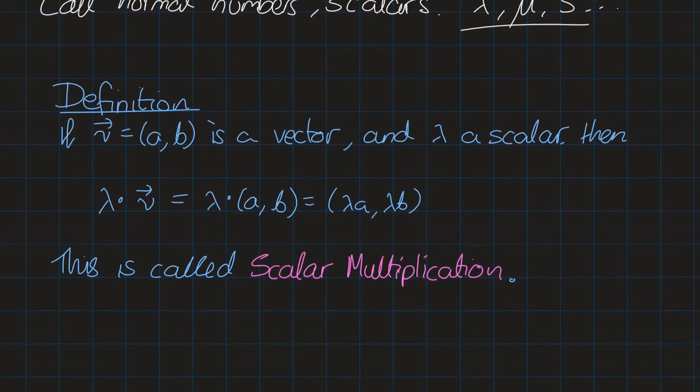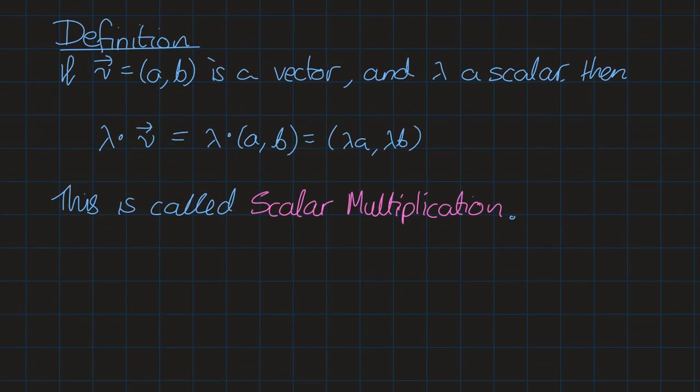So why do we care about scalars? Well, we care because there's this notion of scalar multiplication. So if you have a vector, V equals AB, and you have some scalar, lambda, and remember, lambda is just a number, so lambda could be equal to 2, for example. Then we define this thing here, lambda dot V, which is the same as lambda dot AB, and it's equal to this.